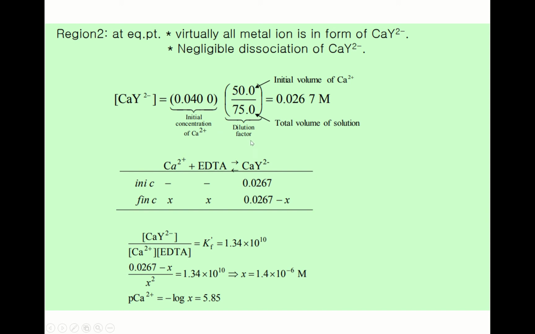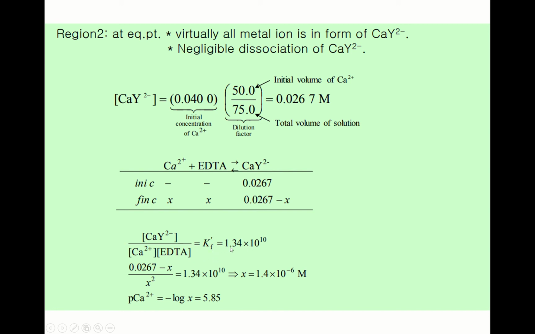Now we go further to calculate the free calcium ion. We start from here, x and x are dissociated, and this concentration is decreased a little bit by x. From the conditional formation constant, this is the important part, to use this equation you have to use the conditional formation constant here.